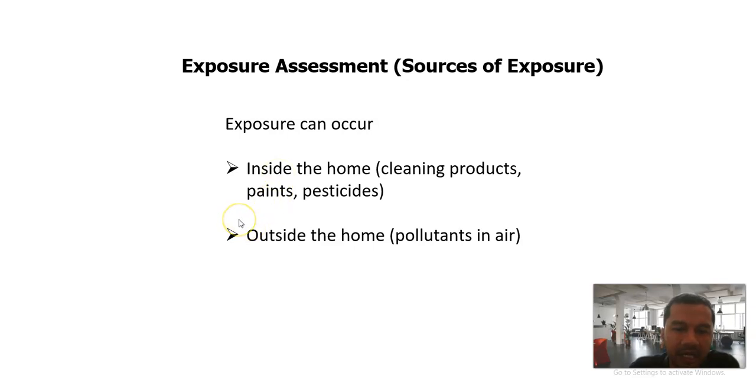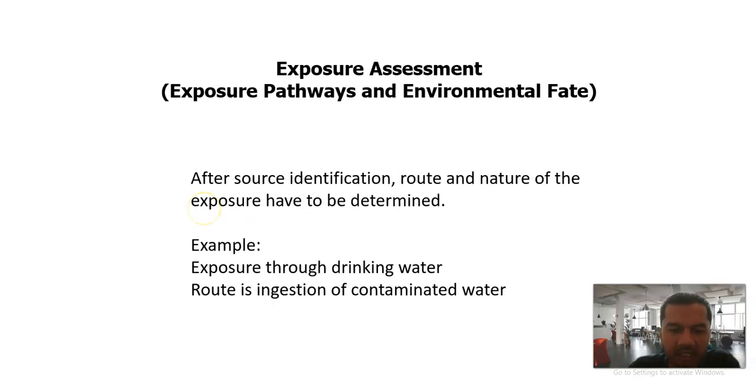And outdoors, for example outside the homes, pollutants in air or pollutants in surface water. These pollutants may have contact with the humans, and then will have effects on the humans.